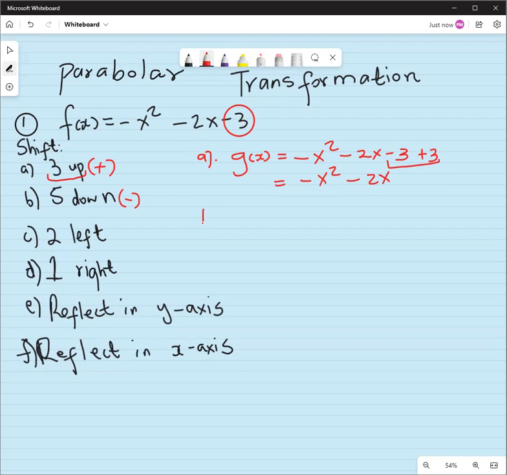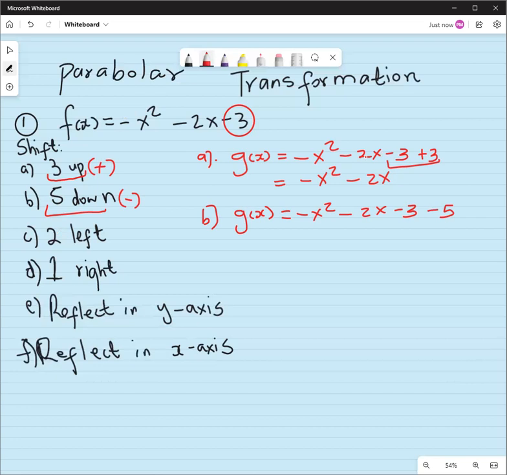Okay, now let's do B. Let's see what g of x will be if we take it down. Remember, you firstly write this one the way it is: negative x squared minus 2x minus 3. Down, you're just going to minus 5, right? Because they say 5 units down. So we're minusing 5.